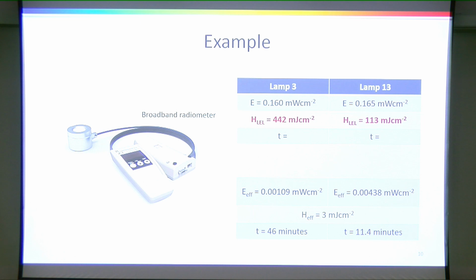And on lamp 3, you can see it's much higher than the lamp exposure limit on lamp 13. And if we then go on and work out the exposure time from that, you can see that the exposure times as calculated and measured with the broadband radiometer are now more appropriate and closer to the times as measured with a spectral measurement system.